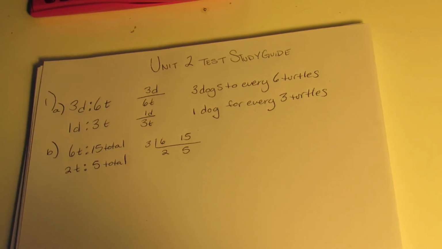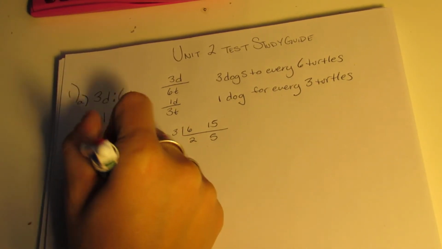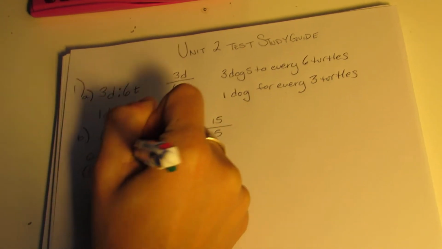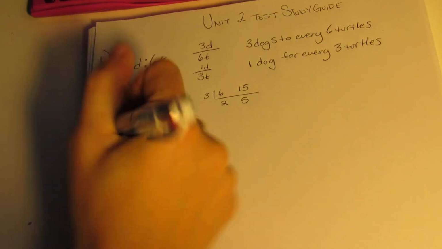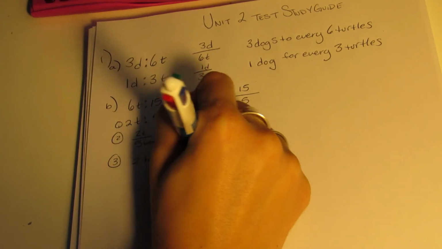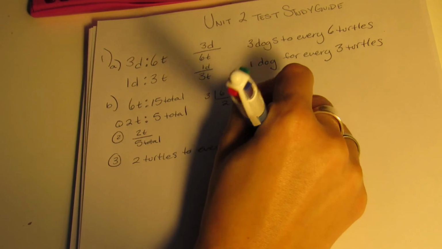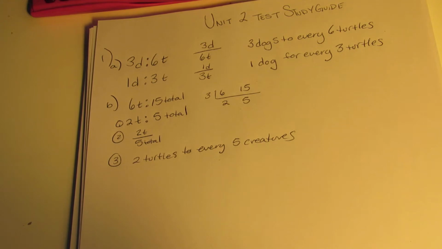And again, we said we can write that 3 different ways, so like that, as a fraction, 2T over 5 total, and we can write it as a sentence. 2 turtles to every 5 creatures.